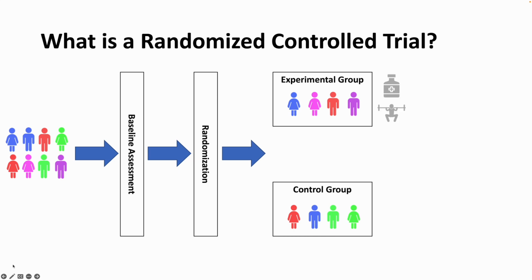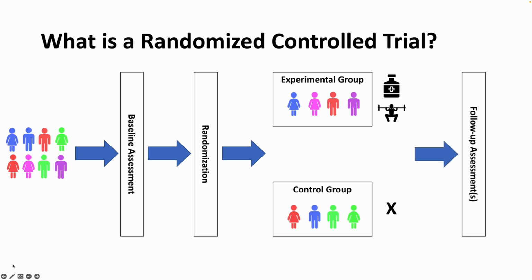And this experimental group can be something like exercise, it can be a medicine, it can be anything under the sun. And then the control group will not receive that intervention. And then we will look at, over time, whether the experimental group improved relative to the control group.